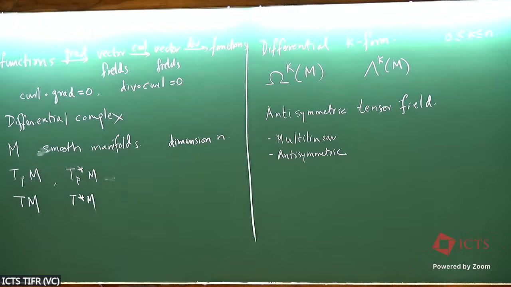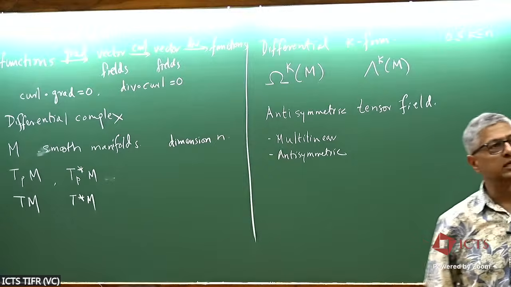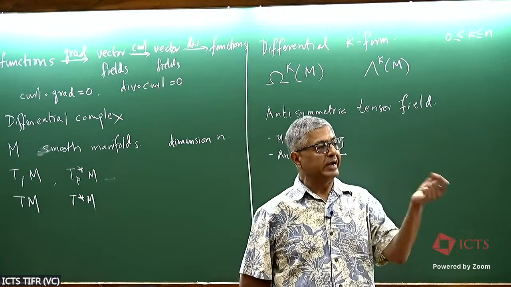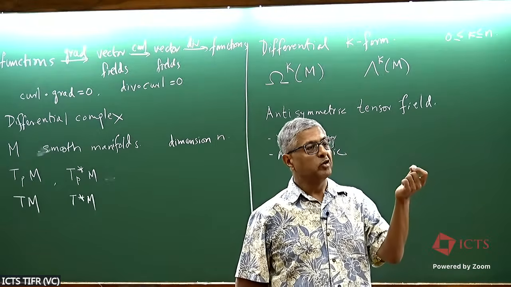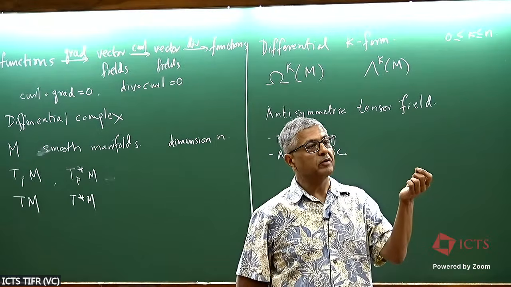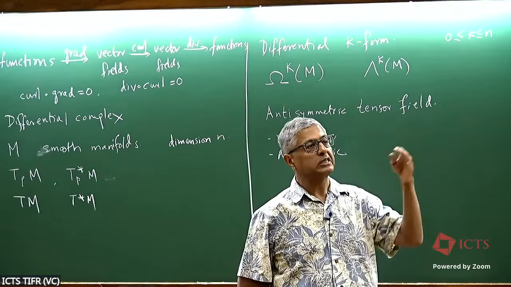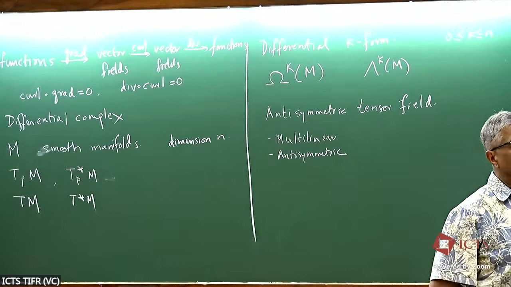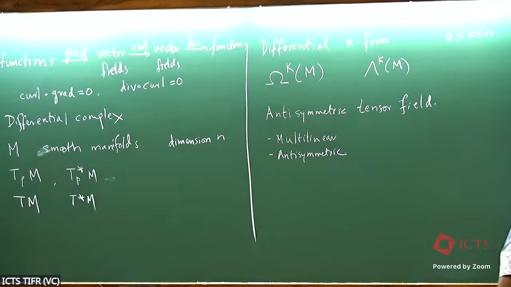I have heard from some physicists and engineers who have been using differential forms that the reason they like them is that it's more physical, in the sense that when you make a measurement, you really don't do a vector field measurement at a point. If you're measuring, let's say, a fluid velocity, what you will probably measure is flux through a small patch and then use that as a proxy for the vector at that point.